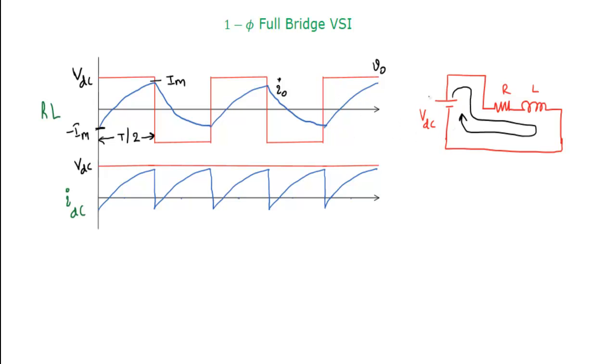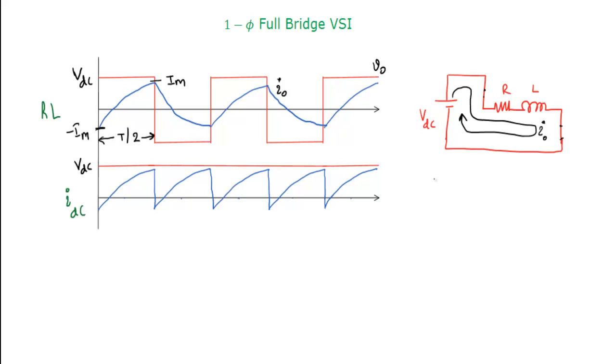Now we are operating these switches, thyristor T1, T2, as switches, which means the RL load is connected to the source voltage, the DC voltage. So it's a switching action. We need to calculate the current equation, so we need to use the KVL equation.